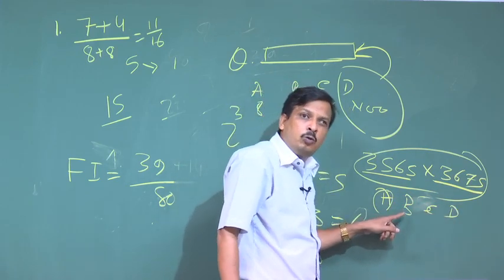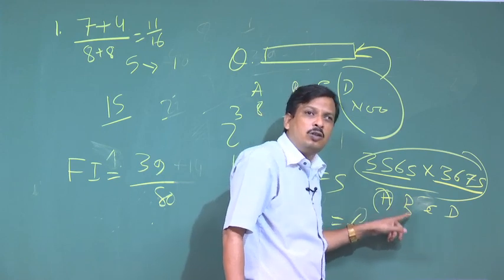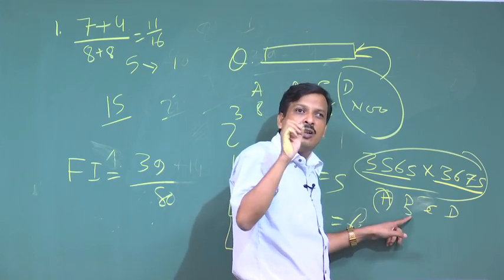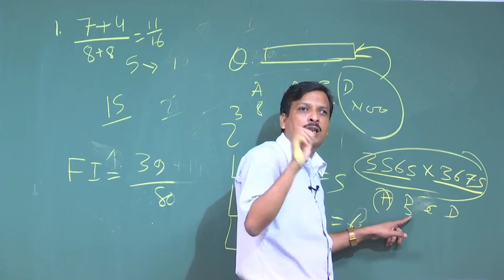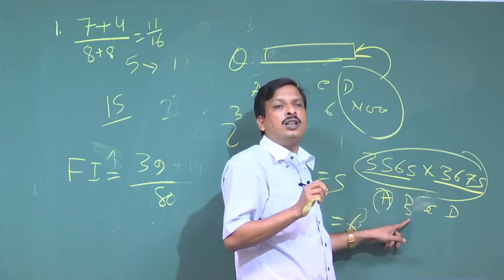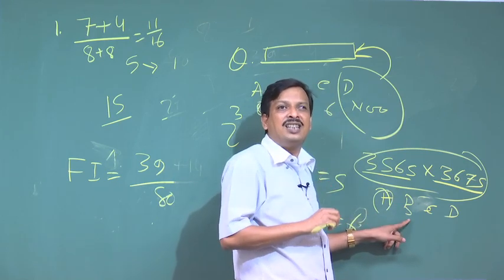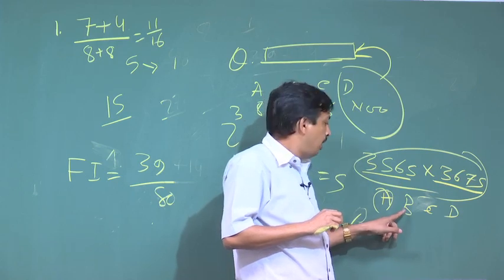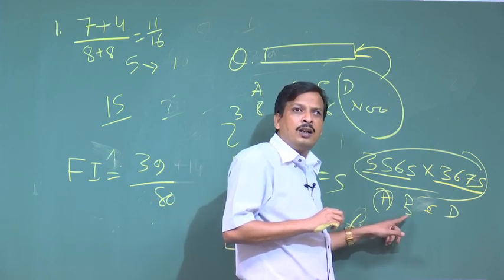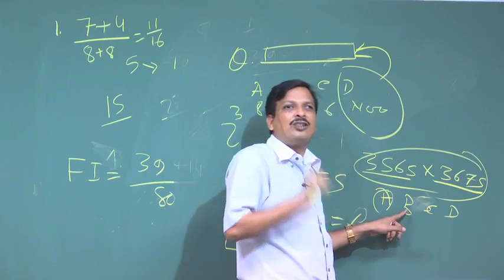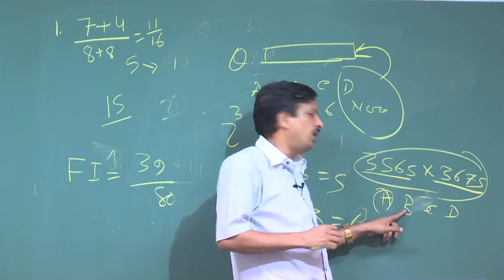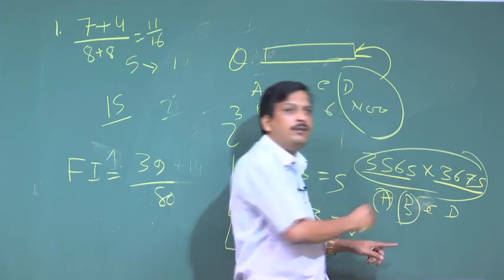If it is a good distractor, that means there is a misconception behind it. If somebody has that misconception, there is a possibility of choosing B, and then most of the lower rank students or lower group students will tend to choose this B.